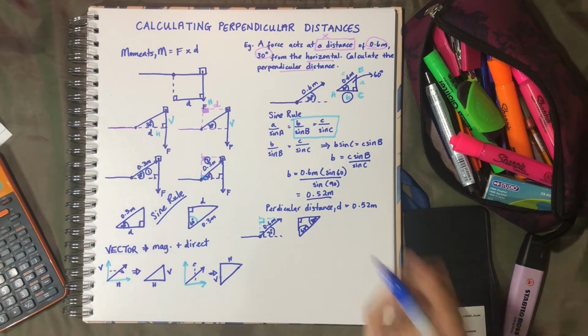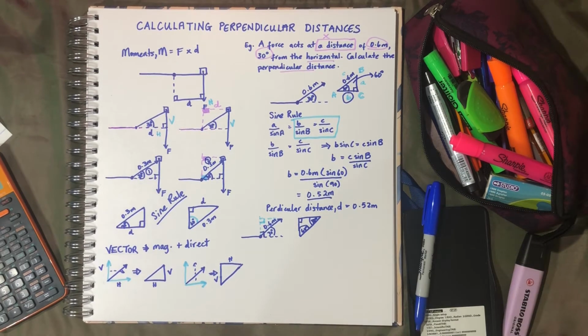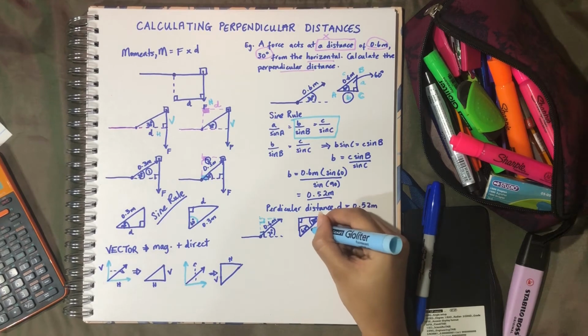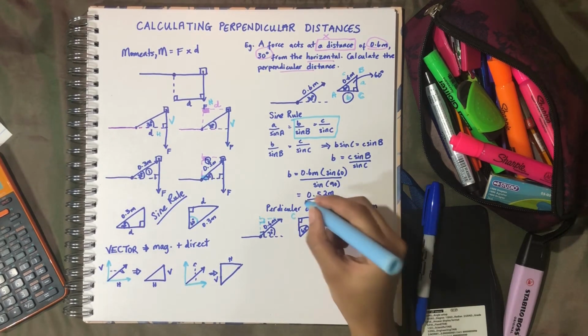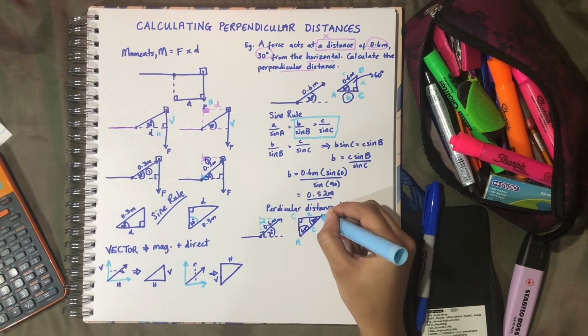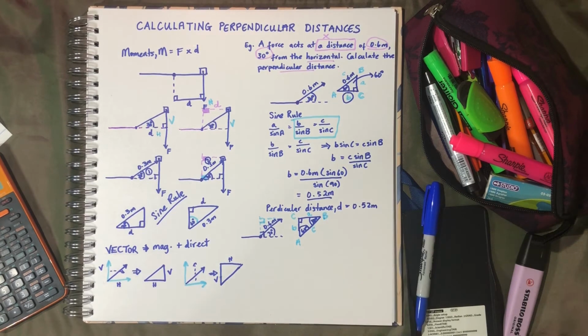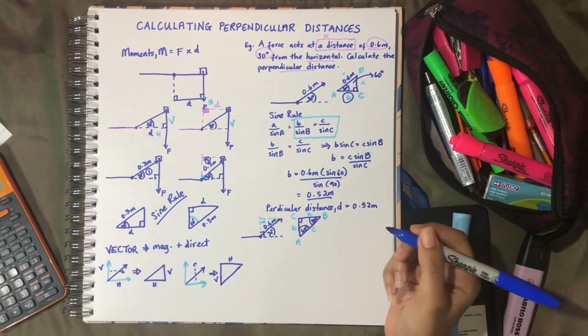Now we're using the sine rule again, but first let's label the triangle. We know that this is capital C, I'll put this as A, this could be big A, and I'll put this as B, and this would be the right angle. So now we're working with a as the perpendicular distance. We can see that here.